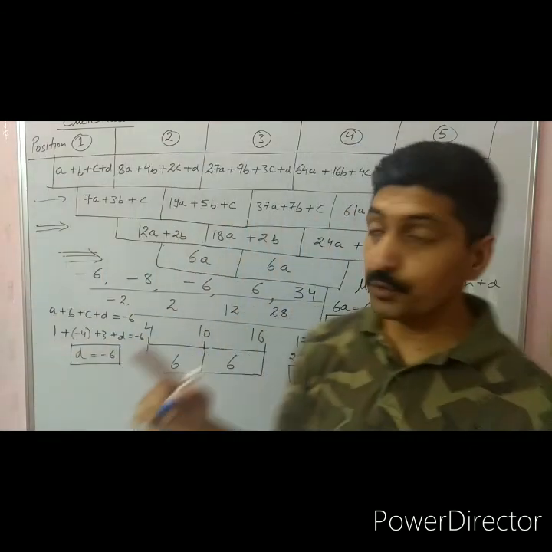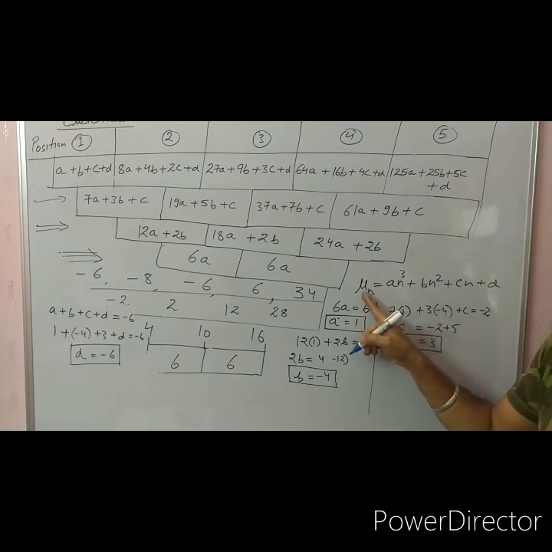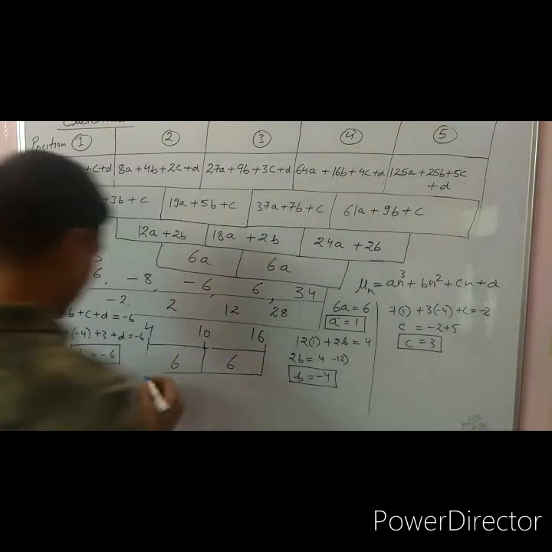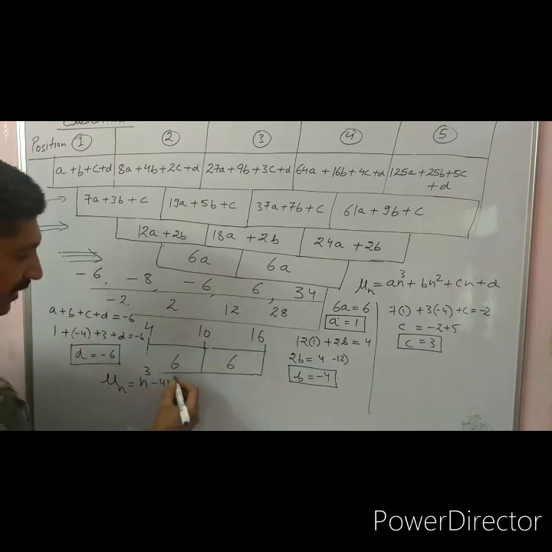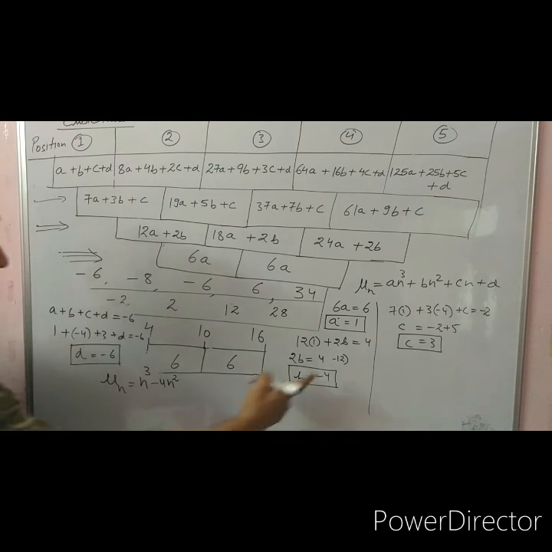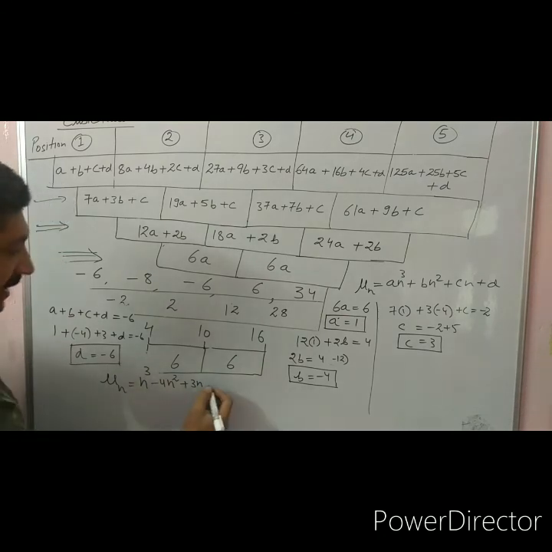So substituting the values in the nth term, a is 1, so we have the nth term of this sequence equal to n cubed, b is minus 4, so minus 4n squared, c is 3, so plus 3n, plus d, that is minus 6.